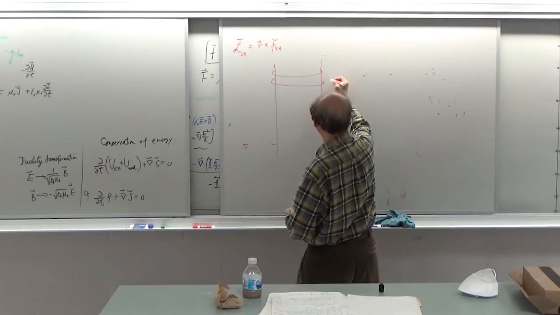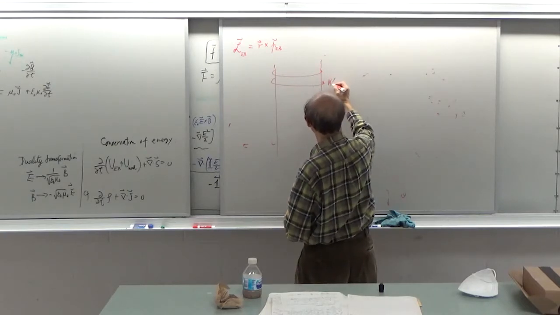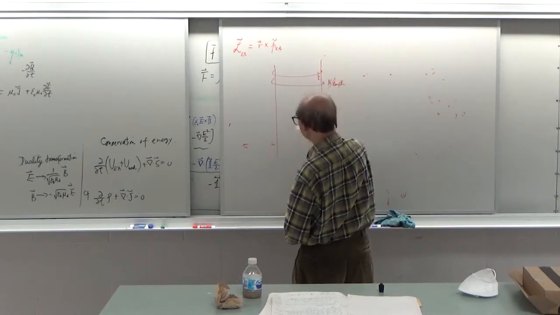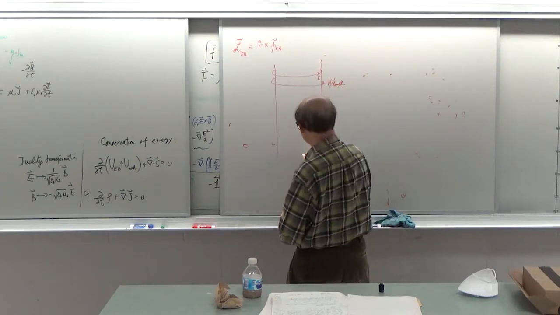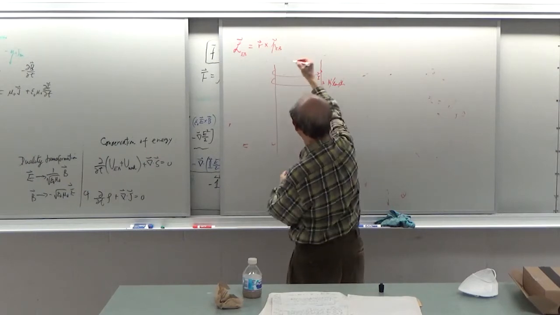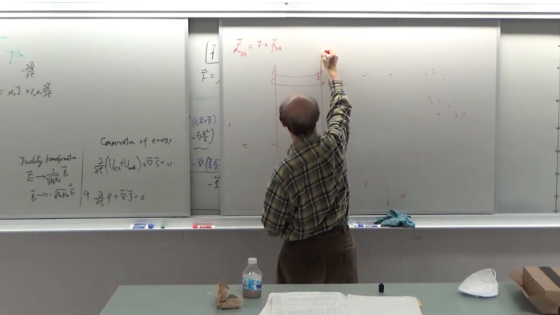Let's say that it has n turns per unit length, carries current I, and has radius R. It extends all the way along the solenoid.